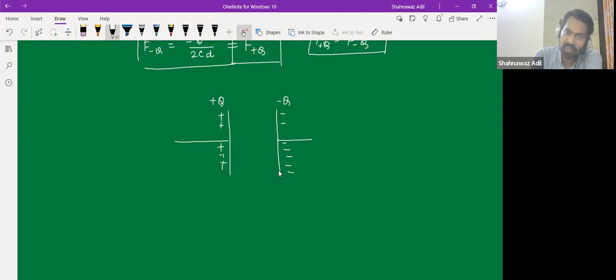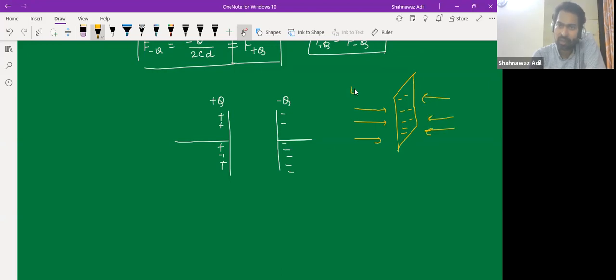What is the electric field due to minus q charge? We have the sheet, and this is minus charge. What is the direction of the electric field, outgoing or incoming? Yes, it's incoming.